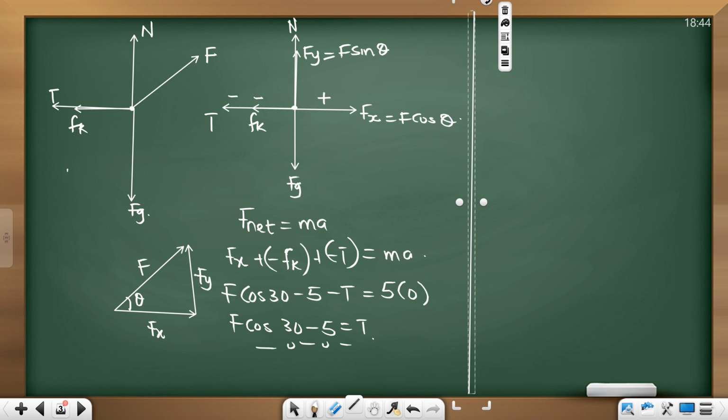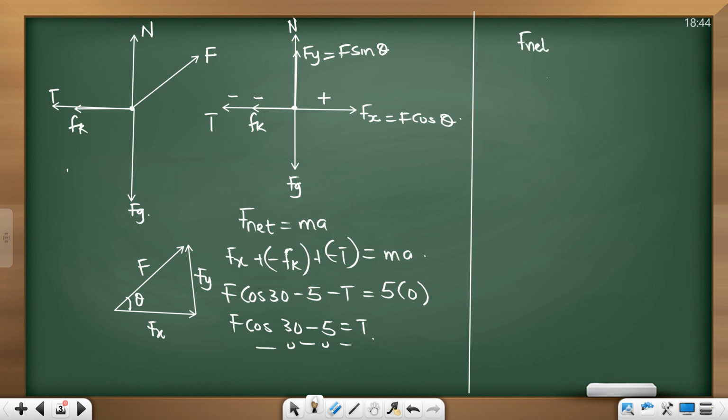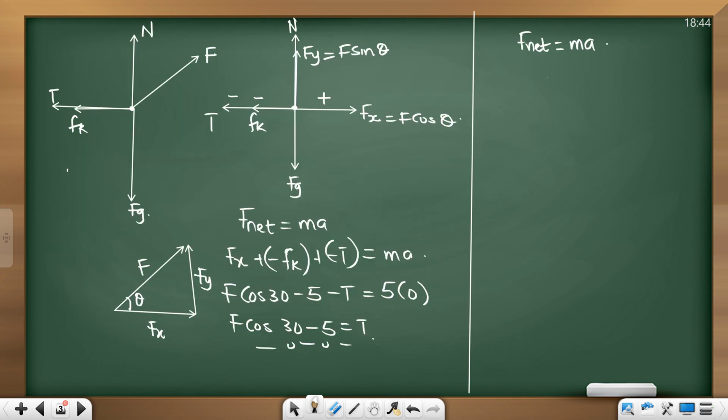get tension there. Second object, we had how many forces acting again? So we say F net will be equal to what? Ma. If we choose the right again as positive, there are only two forces that we're going to use: tension and friction. Tension is to the right. So tension plus negative friction would be equal to what? Ma. T minus.